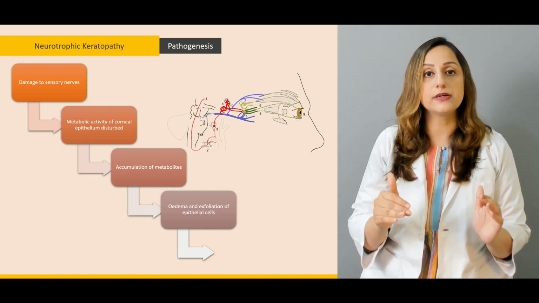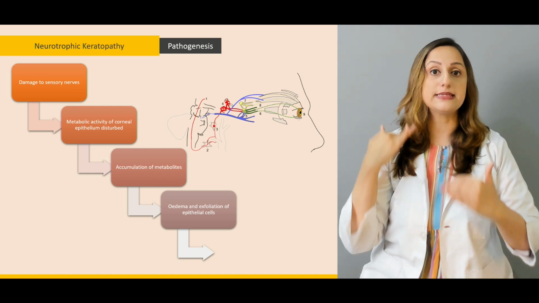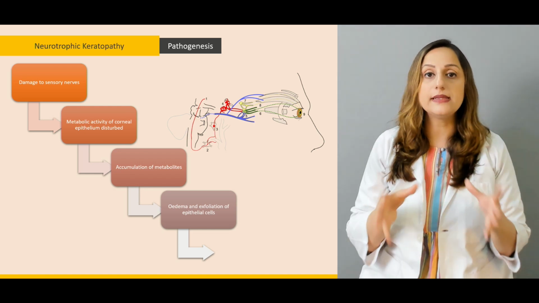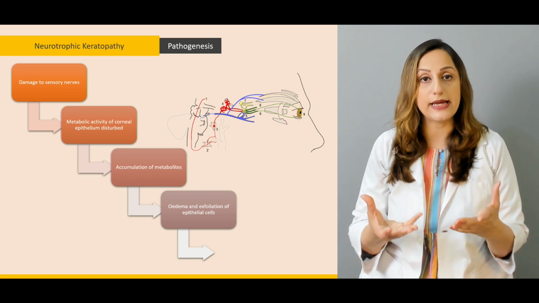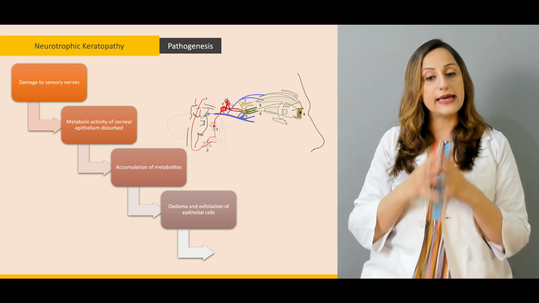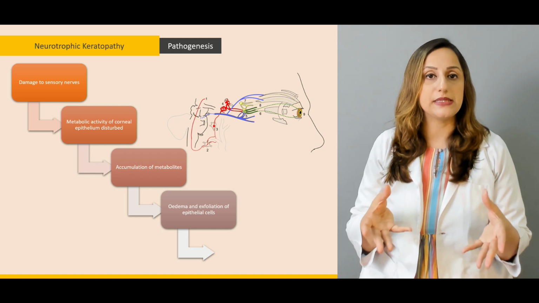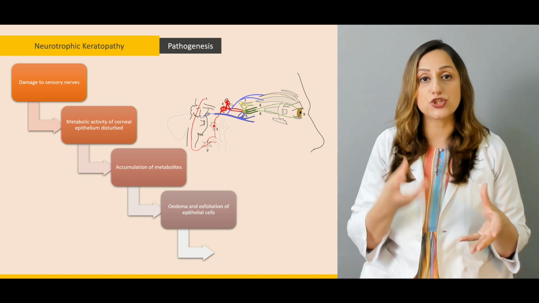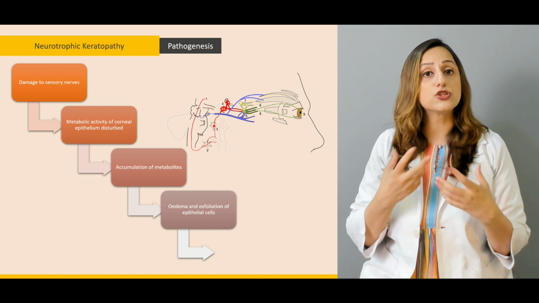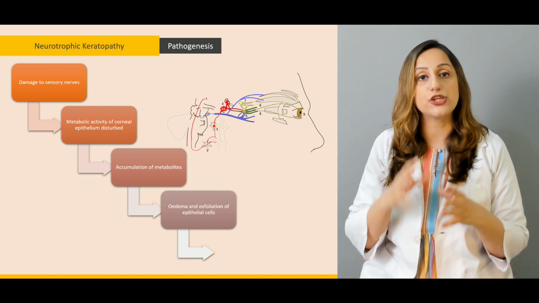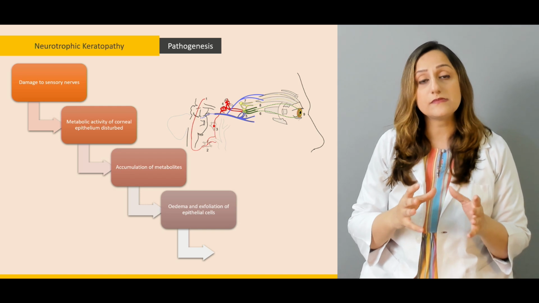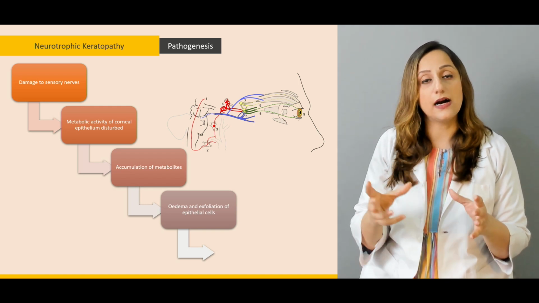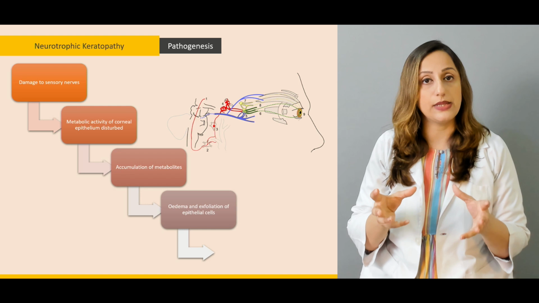The location over here is very important. You have to remember that all of these features are basically affecting the epithelium of the cornea. First of all, there is an accumulation of metabolites, and then there is an exfoliation of the epithelial cells. So it's not an infectious state, and it's not inflammatory cells that are accumulating at the epithelium. It's basically the degeneration occurring due to the accumulation of metabolites.